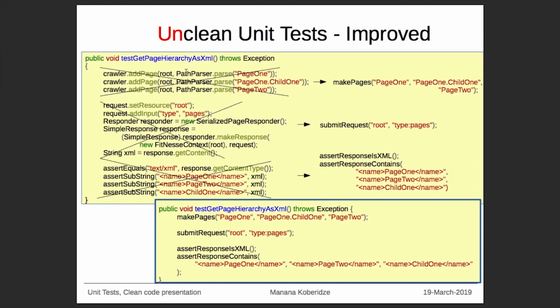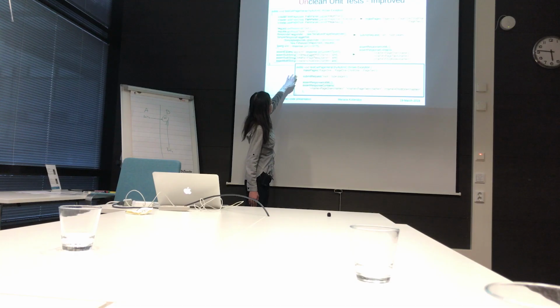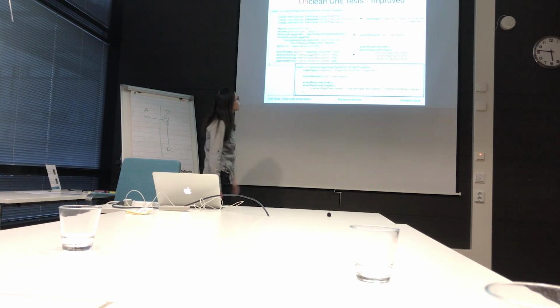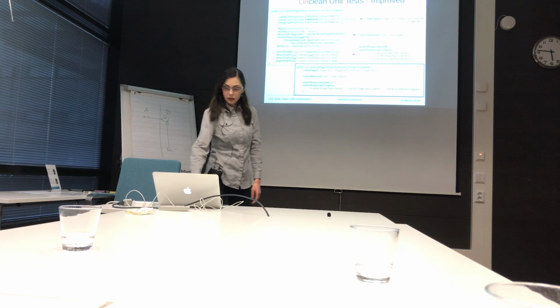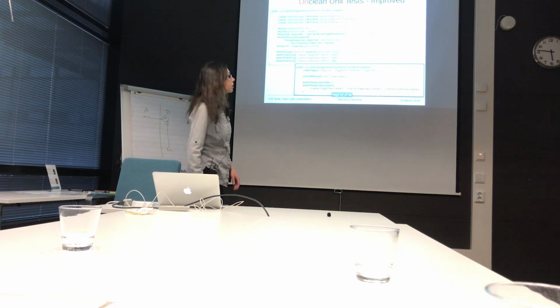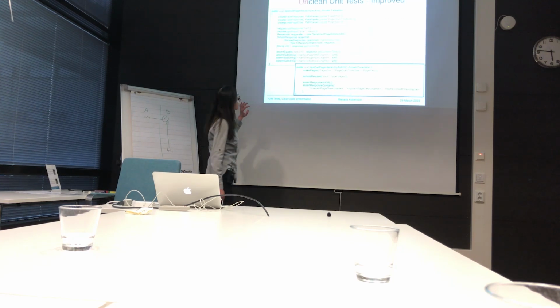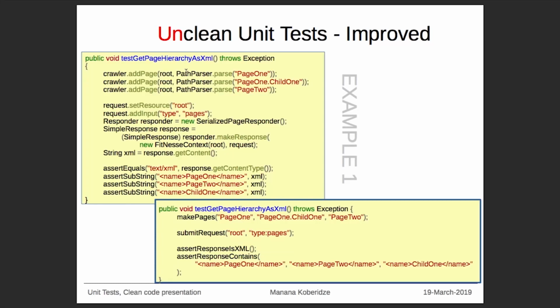Here we act on that data, and here we are checking. So this is how we cleaned up the first example. It's so much easier to read what's going on here.